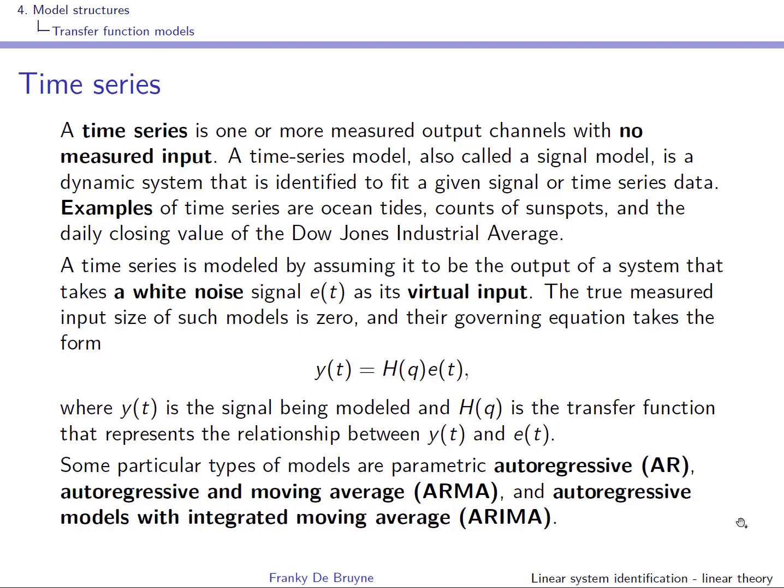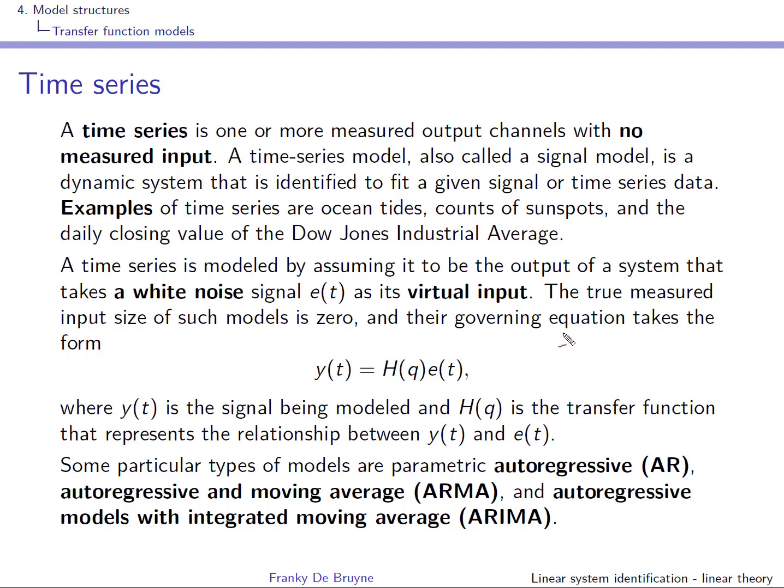So for a time series, it is assumed that the output of the system is modeled as white noise that goes through some model H(q), and depending on H(q), you will give those particular models a name.